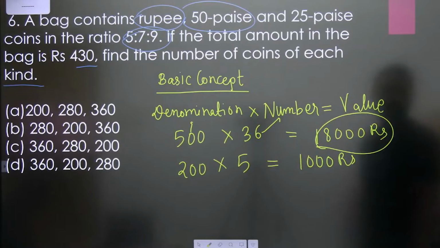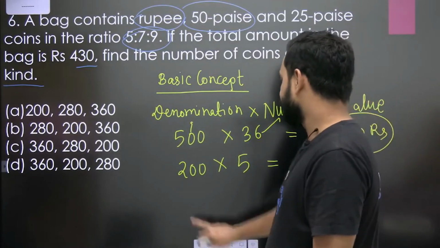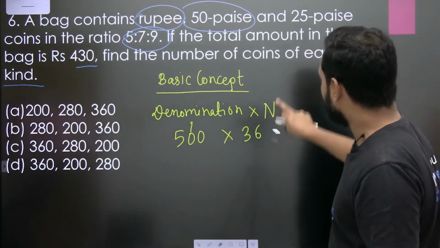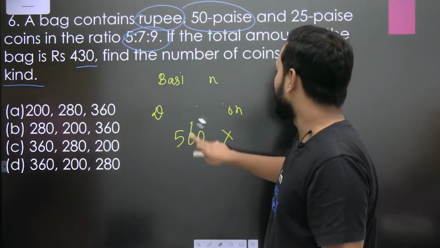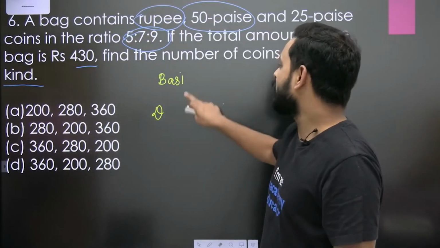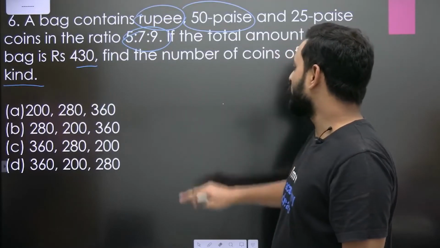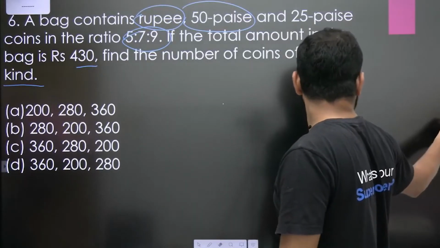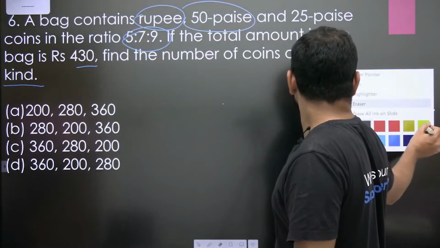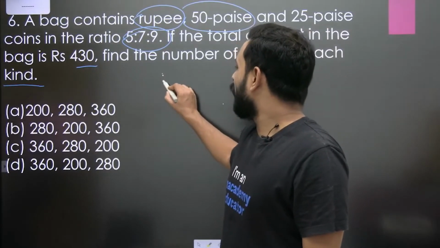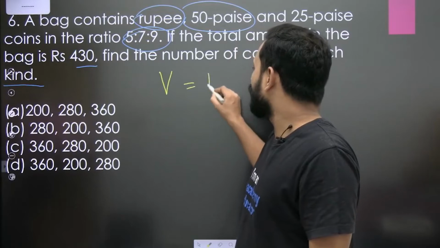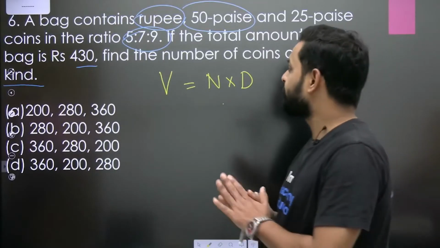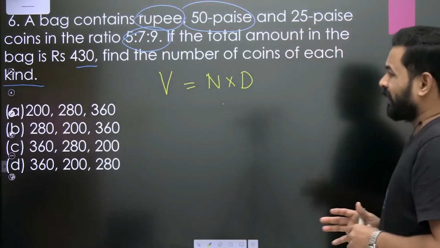Having understood this basic idea, value is equal to number into denomination, we can solve this question.